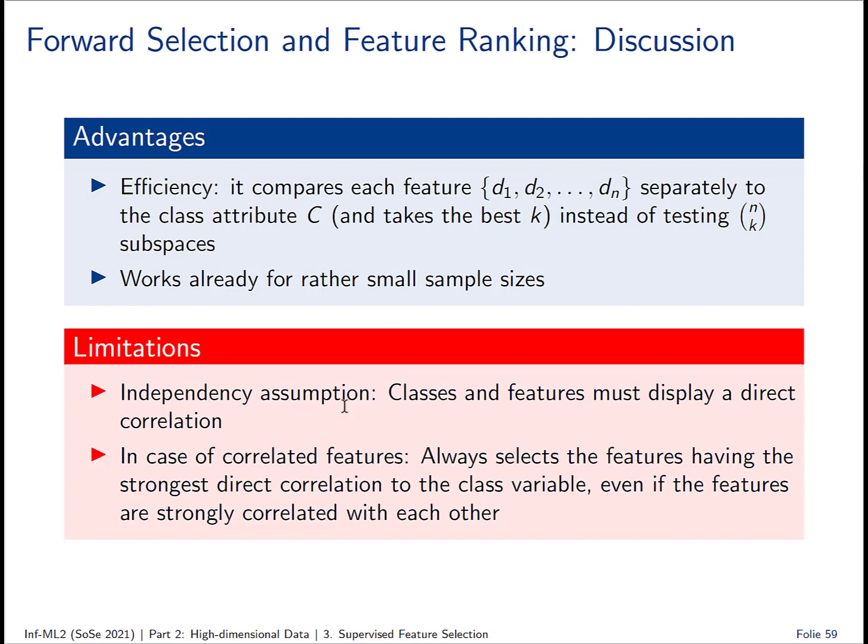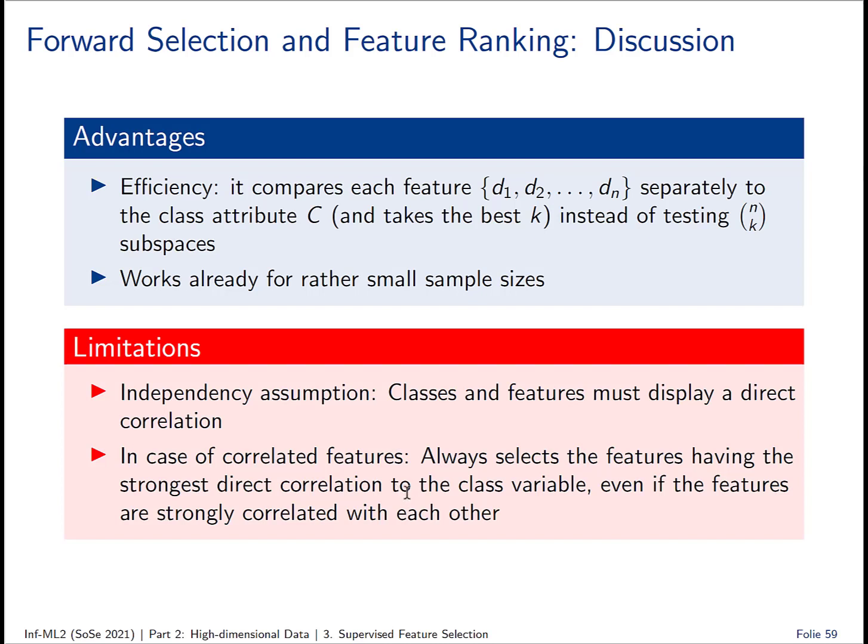But of course, classes and features must have a direct correlation in order to actually find good features. In case of correlated features, it always selects the features having the strongest direct correlation to the class variable, even if there are features that are strongly correlated with each other. So correlated, redundant features will not be considered.